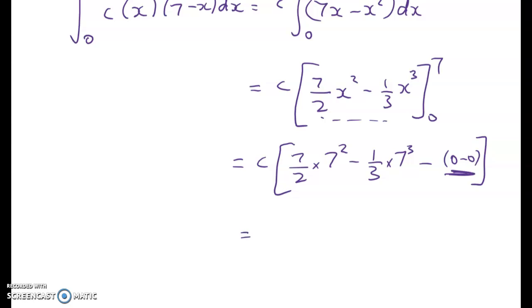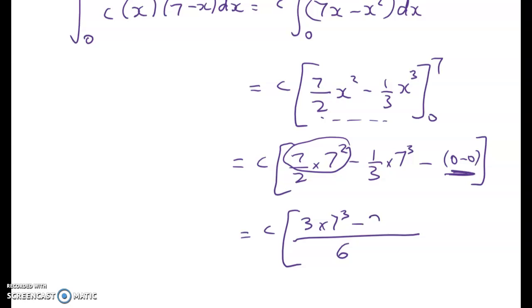Okay, so cleaning that up, I did this by hand because I didn't have my calculator right next to me. You can do that with your calculator, but you can see that we want the answer as a fraction. So I'm going to get a common denominator straight away. The common denominator is going to be 6, and I've got 7 cubed here, so it's going to be 3 times 7 cubed minus 2 times 7 cubed, right?